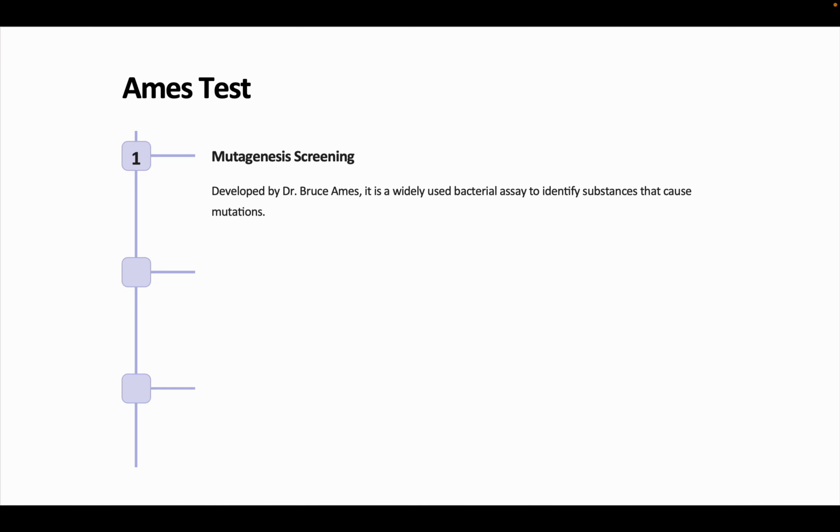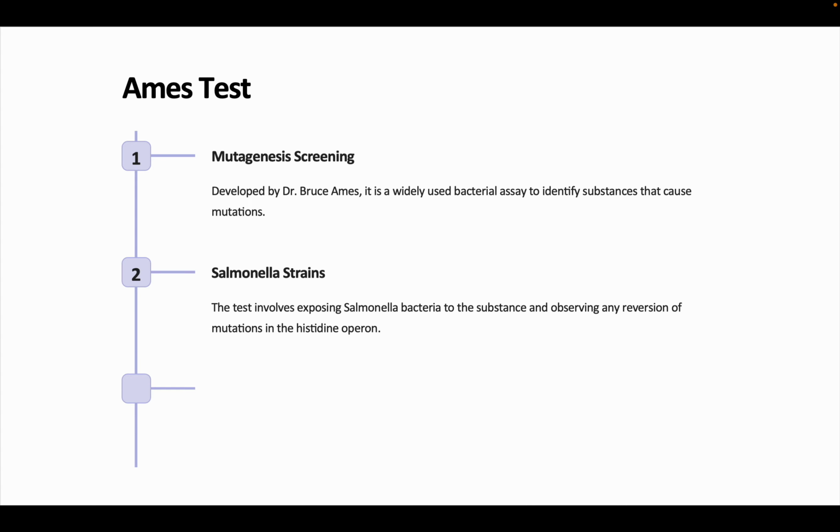Basically, it is a test to identify substances which cause mutations. It was developed by Bruce Ames, and that's why it's called the Ames test. It is a bacterial assay to identify which substances cause mutation.